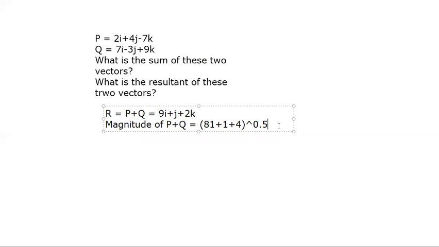Which gives you 86, root 86. That is equal to root 86. Understood? 86 to the power 0.5. Am I clear? So this is how you find out the magnitude.